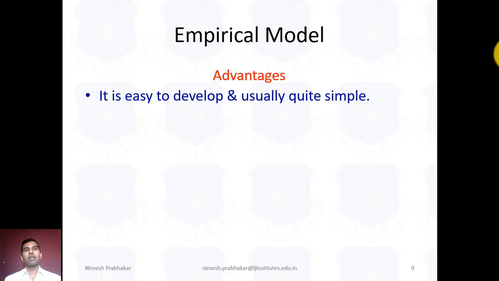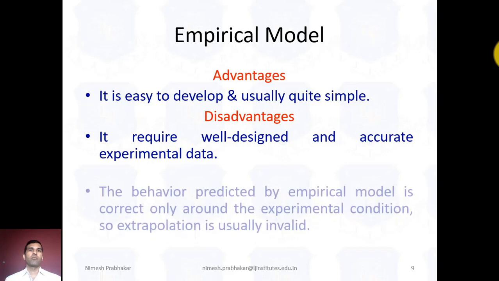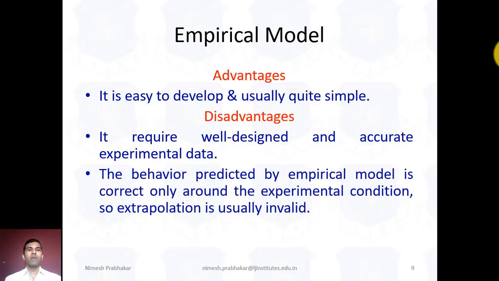Now the second, the disadvantages of this model. It requires well designed and accurate experimental data. This is the disadvantage of this model. The behavior predicted by empirical model is correct only around the experimental condition.